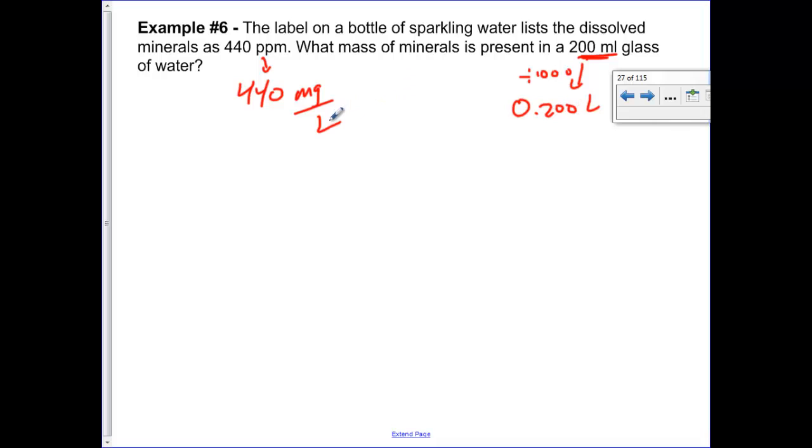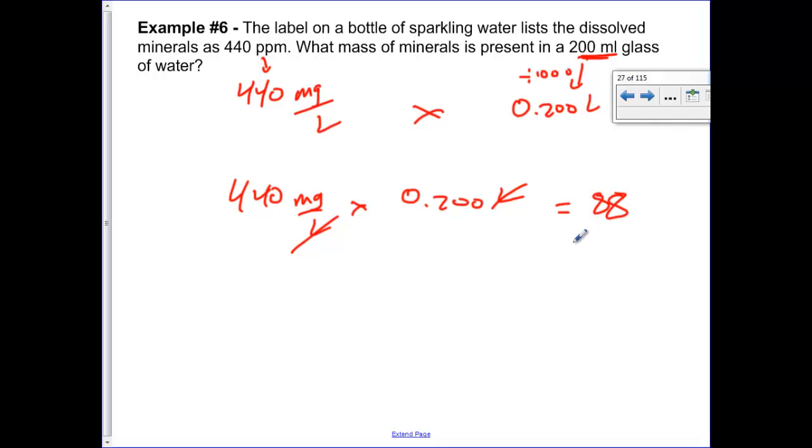Well, now that I have liters and milligrams per liter, multiply them together. Take 440 milligrams per liter times 0.2 liters. You see how those cancel? Yeah, I got 88 as well. Is 88 correct though? That's what I was looking for.